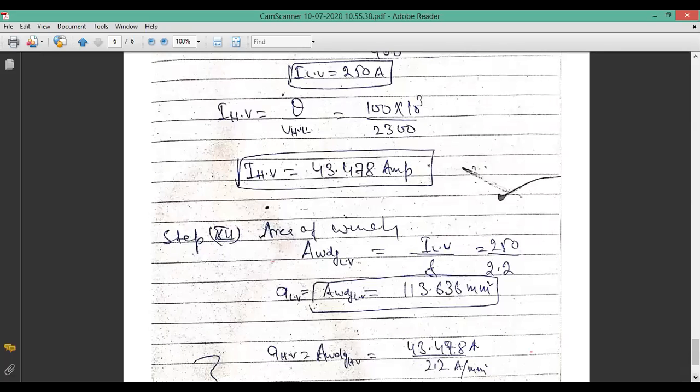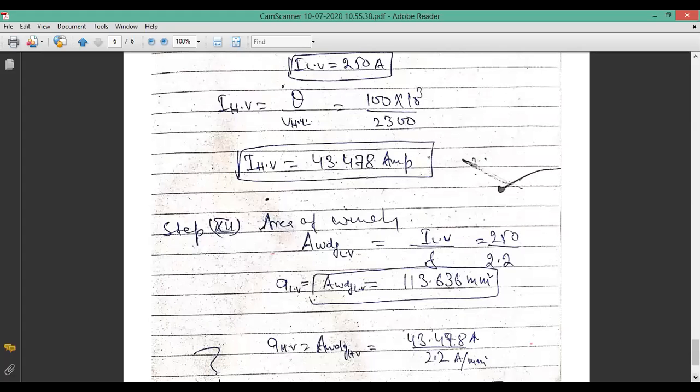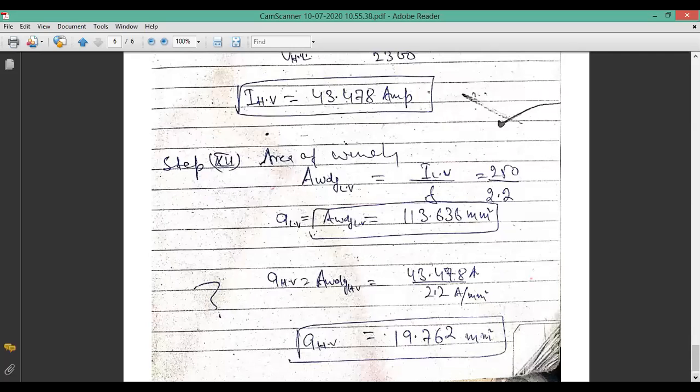That is again current on that side upon current density. What is the value? 18.75. Okay.